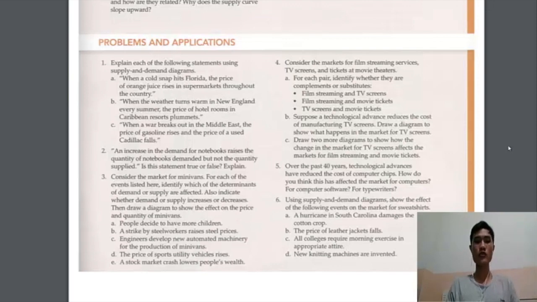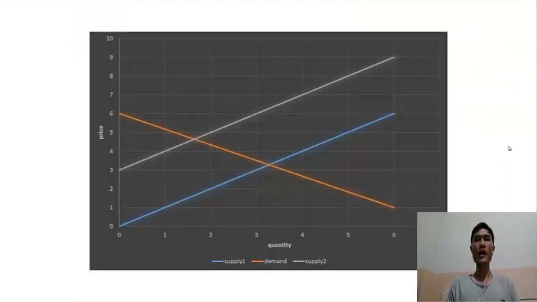The material of orange juice is orange, and when the cold snap hits Florida, the orange crop is destroyed, so it makes a shortage of supply of oranges. This makes the price of orange juice increase because the supply is reduced, and the demand is still staying the same because the cold snap doesn't affect the demand.